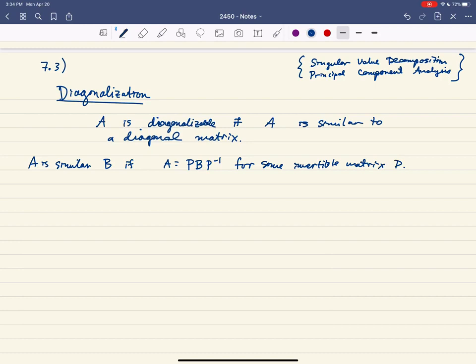What I said in the video before is that they have the same determinant and trace, which is true, but they also have the same eigenvalues, and that is crucial for us. Similar matrices have the same eigenvalues.